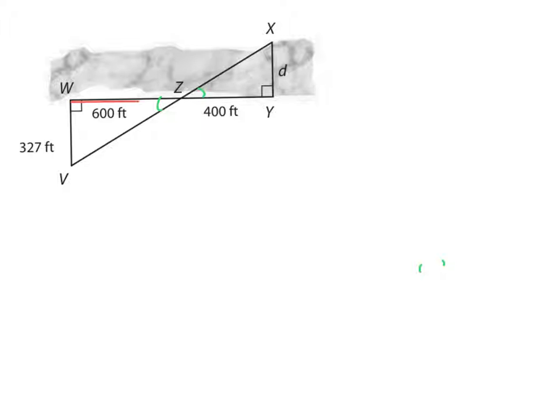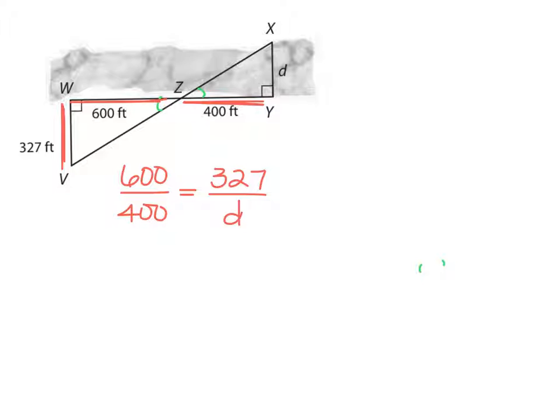So 600 corresponds to this 400, so I'm going to do 600 over 400 equals 327 over, I don't know the distance across the canyon, so I'll call it D. And just like we've done with the others, we can cross multiply this, so 600D equals, oh, I'm sorry, that's not right, equals 130,800.